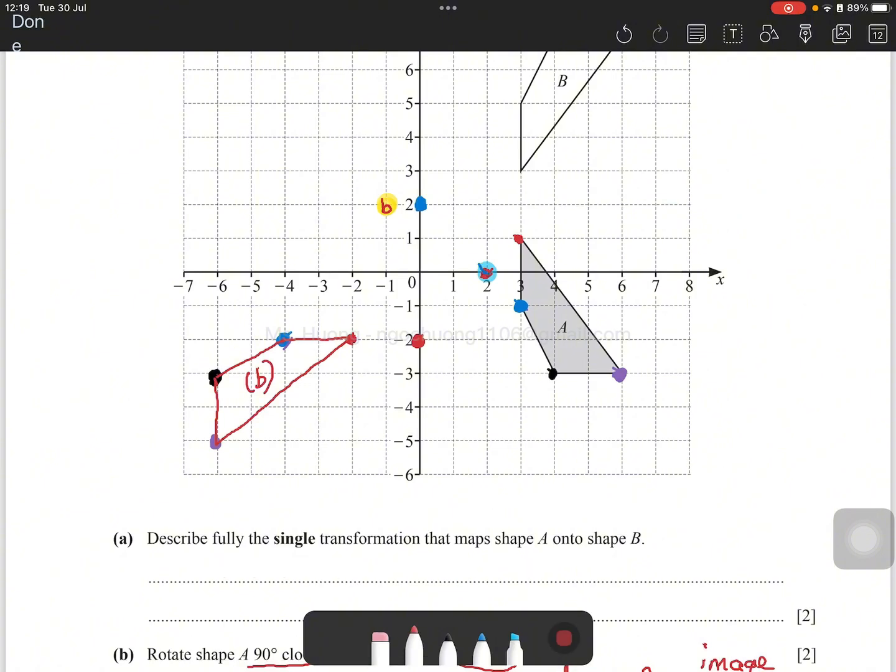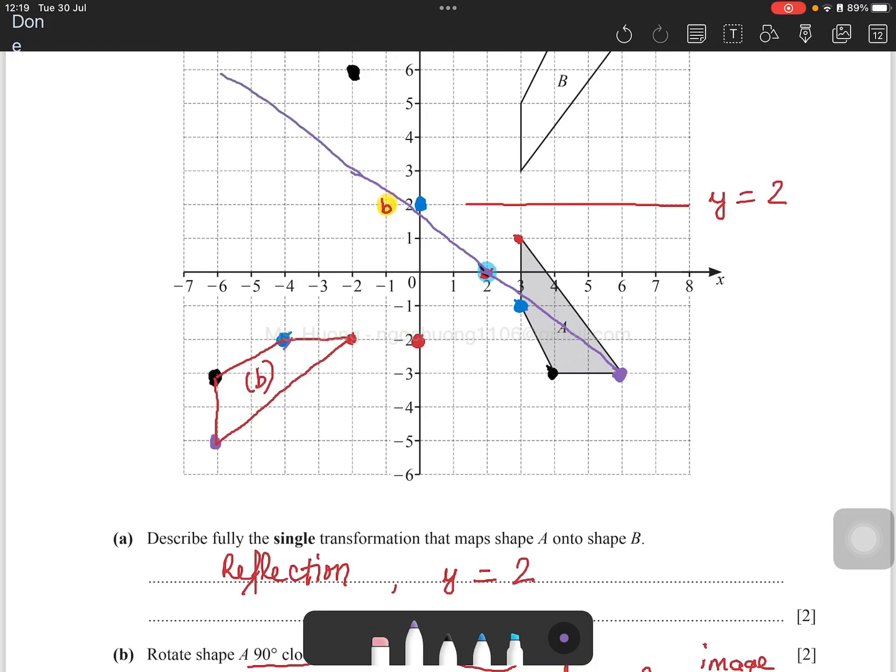Finally, for the purple vertex, we also need to move in the opposite direction once and twice. So the image of the purple vertex is here.